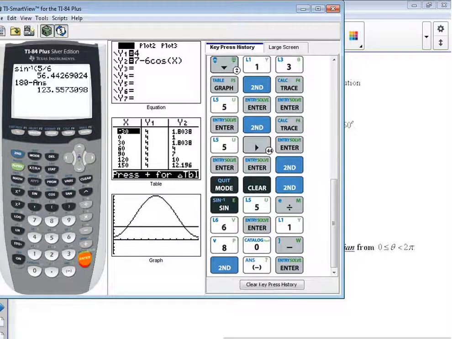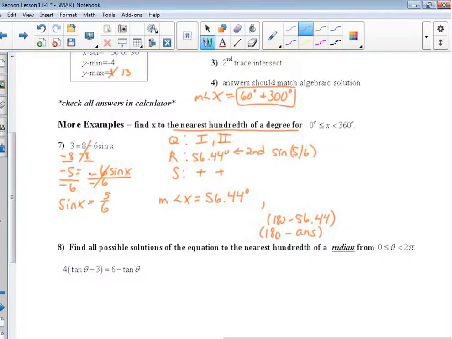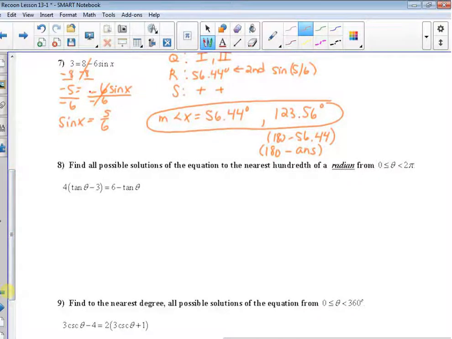And I get 123.56. And that is how I would solve that one. And again, you could check in the calculator to see if it's correct.